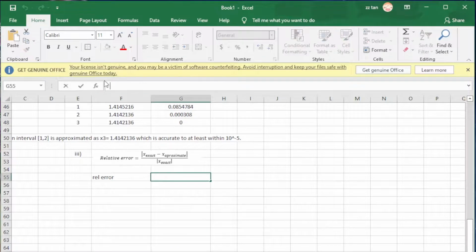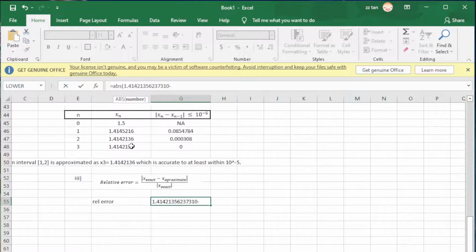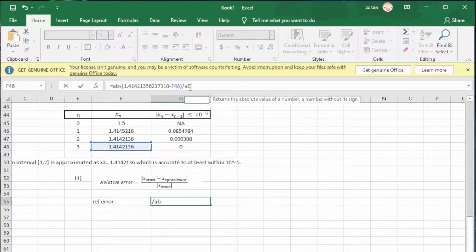Okay, put here. You see this bar, right? So it's the absolute of the exact value minus our approximation value. Then we divide by the absolute value of the exact value.